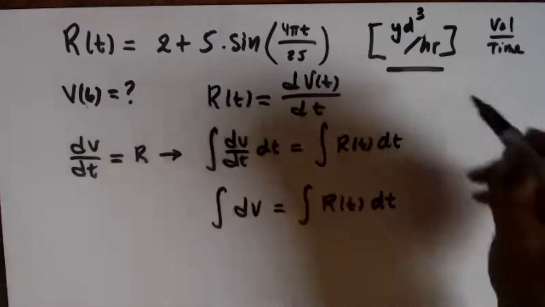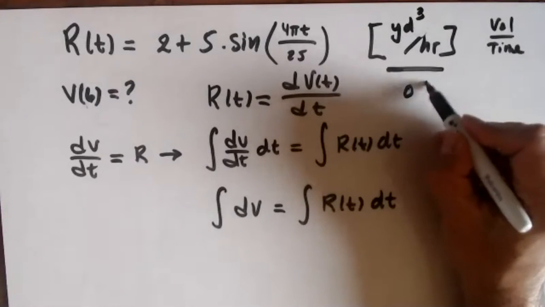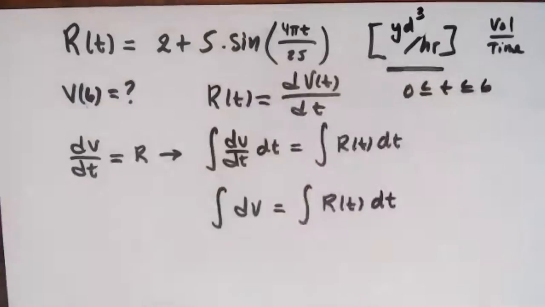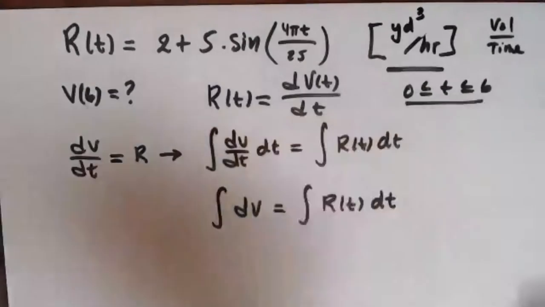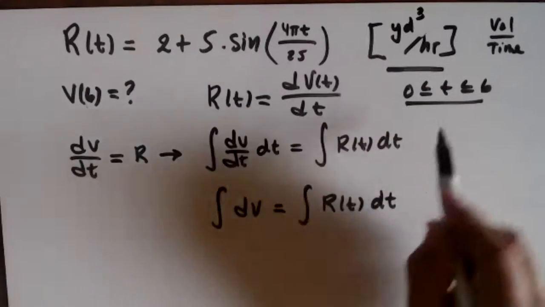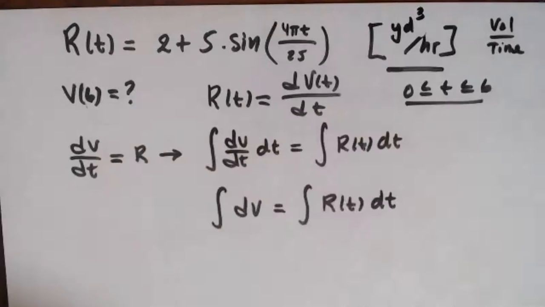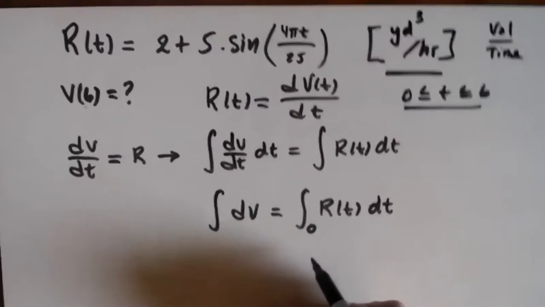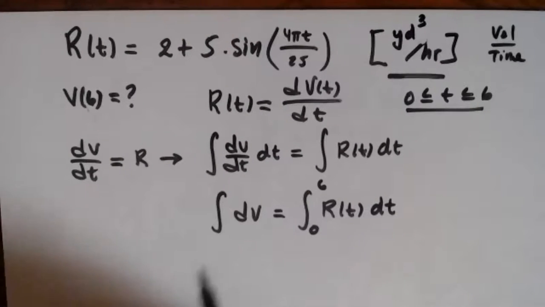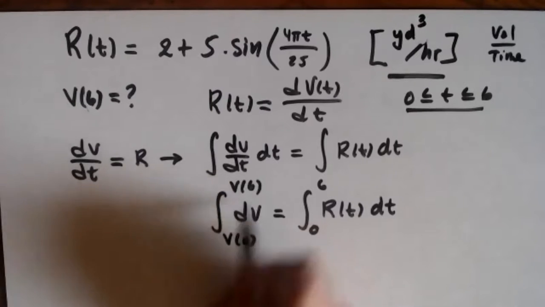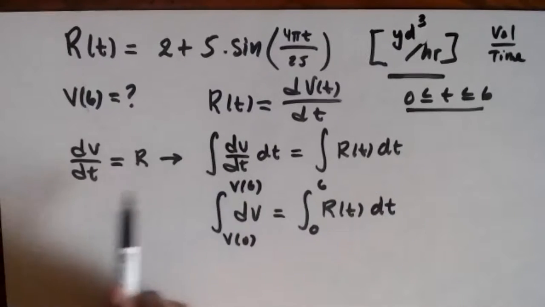Now, the interval of time is 0 through 6. This is what the problem says. You want the 6-hour lapse, so this is going to be from 0 through 6, and this is going to be from V of 0 through V of 6. Volume is a function of time, correct?